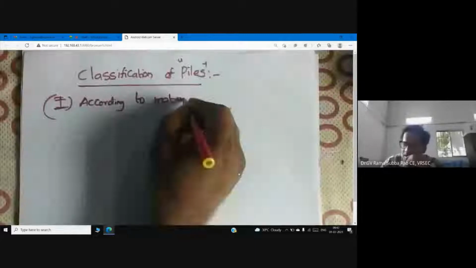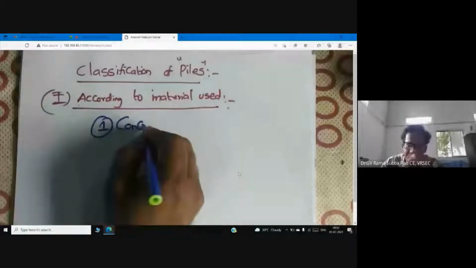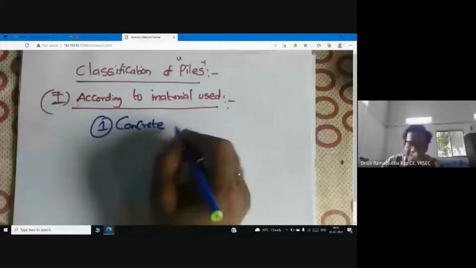Based on the material users, somebody made a pile with concrete, so it is easy to call it a concrete pile. Based on the material used for making the pile, we name it as concrete.